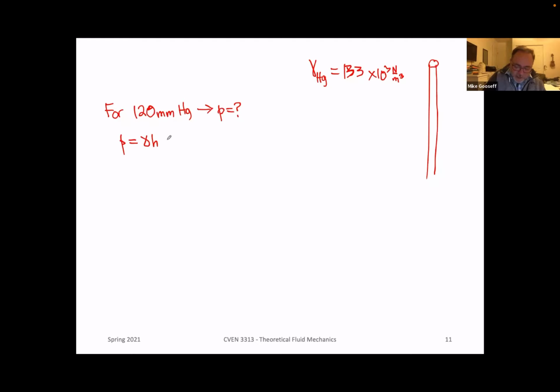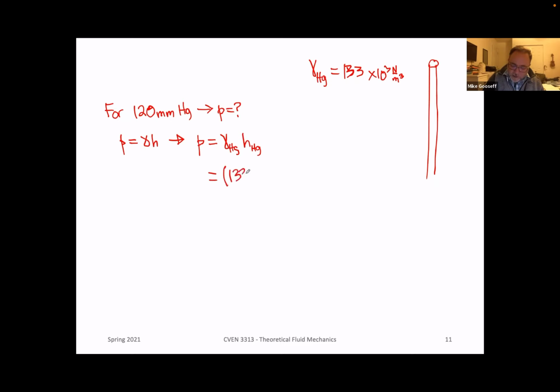And so we can basically equilibrate this to being our blood pressure, P, is equal to gamma of mercury times whatever height of mercury is in what we call the manometer.